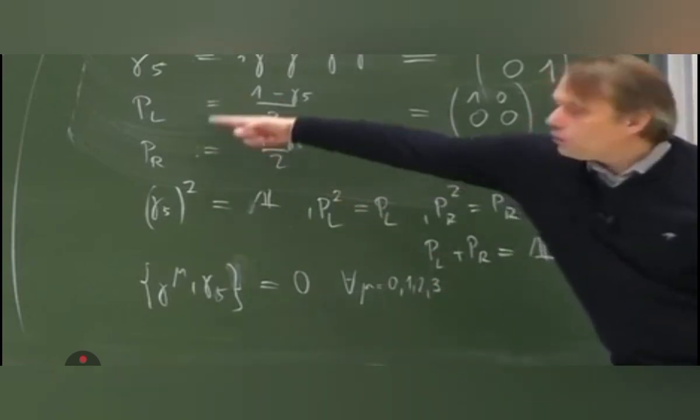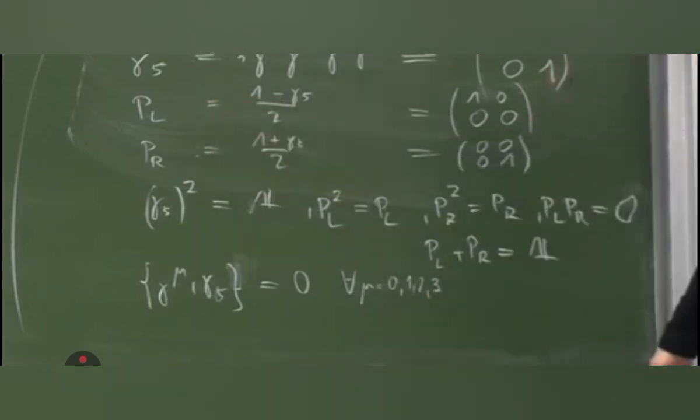And using this gamma 5, we can then define the notion of chirality, left-handed and right-handed. And you see this already in these indices, P left, P right. They will be projectors on what we call left-handed or right-handed.